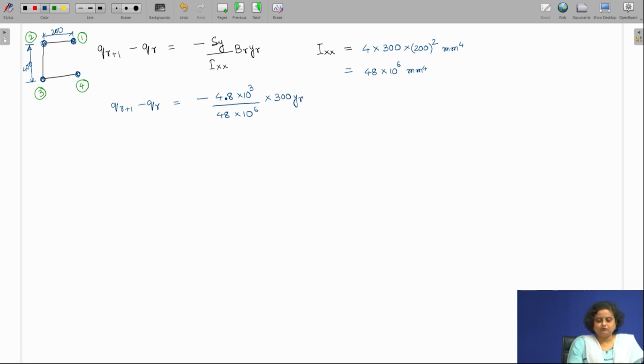Now, let us try to find out the shear flow.